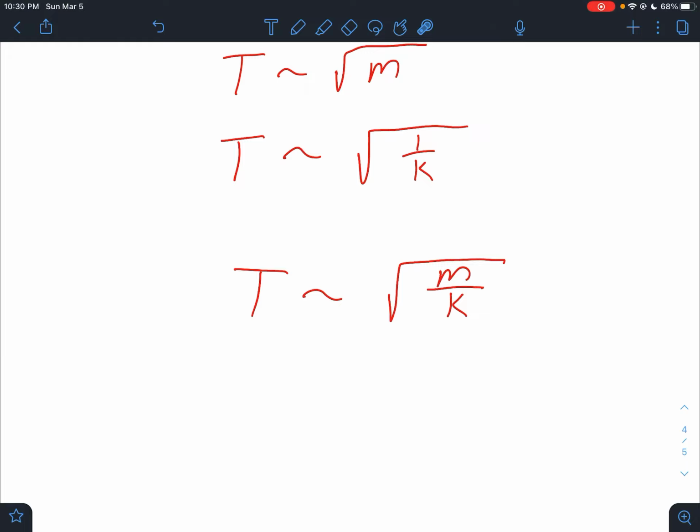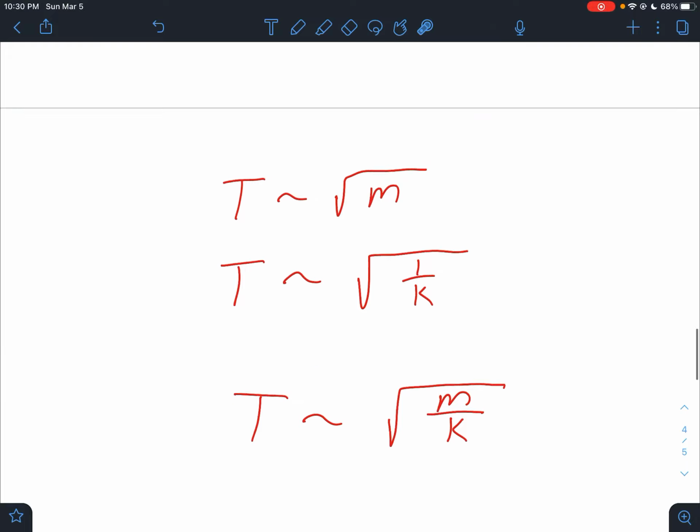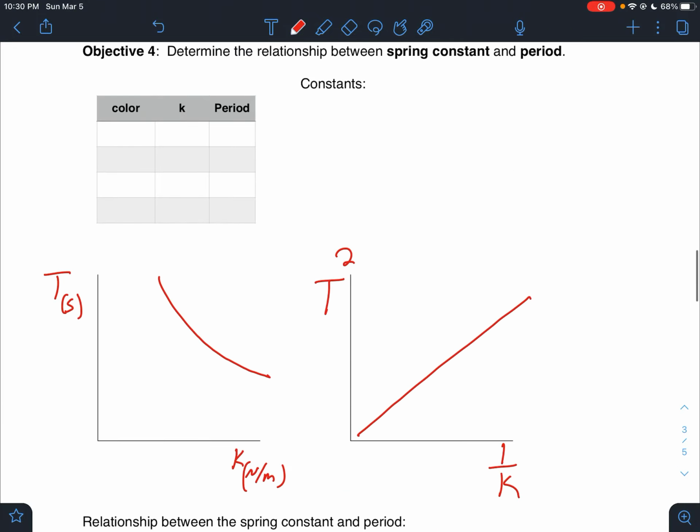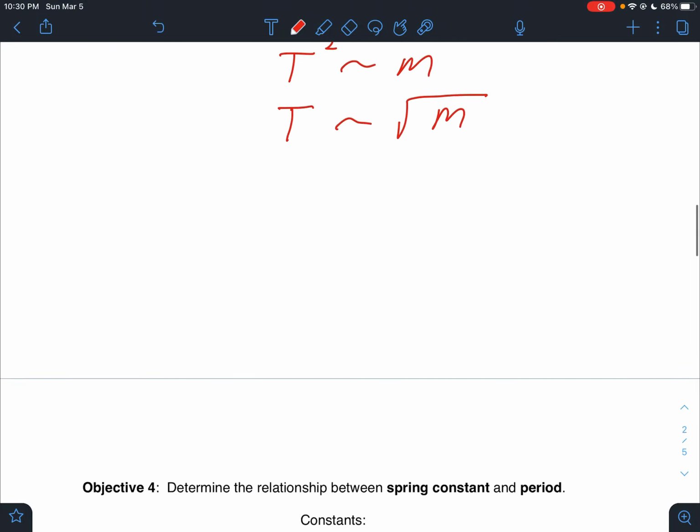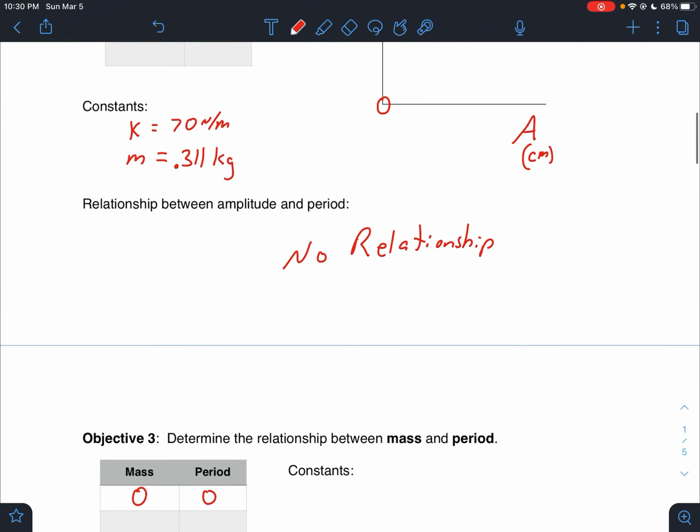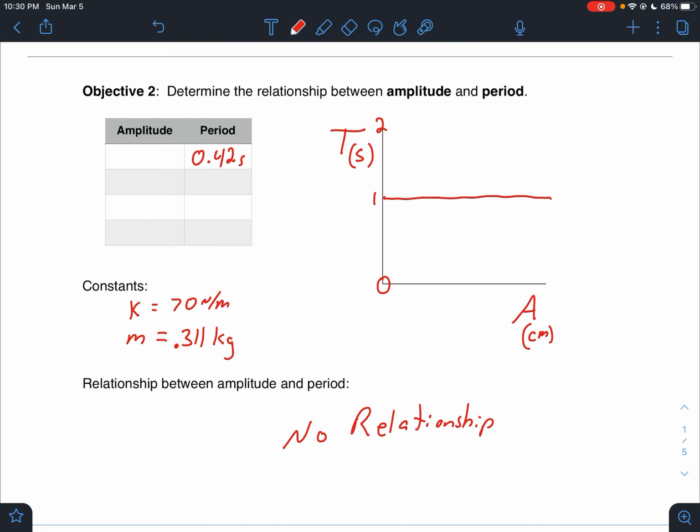The only way to tell would be to go back in our data and see if the numbers match up. So if you go into any experiment, whether it was objective 4, 3, or for our purposes, I'm going to do 2 because I already had some information here, it could be any trial, it could be any objective except for one. And we're going to look at our values and see if that equation holds true.